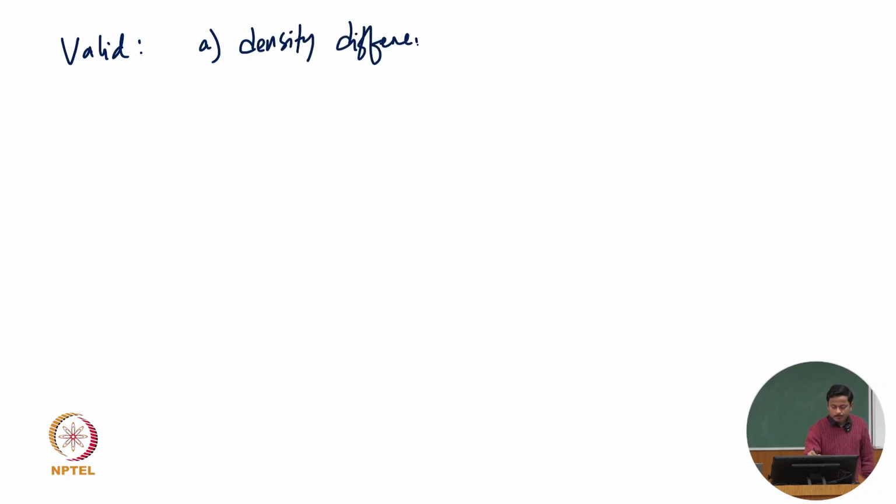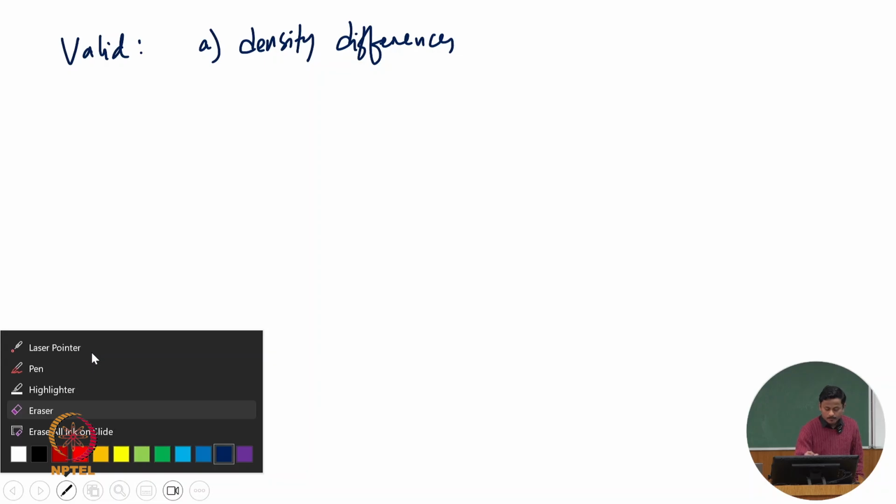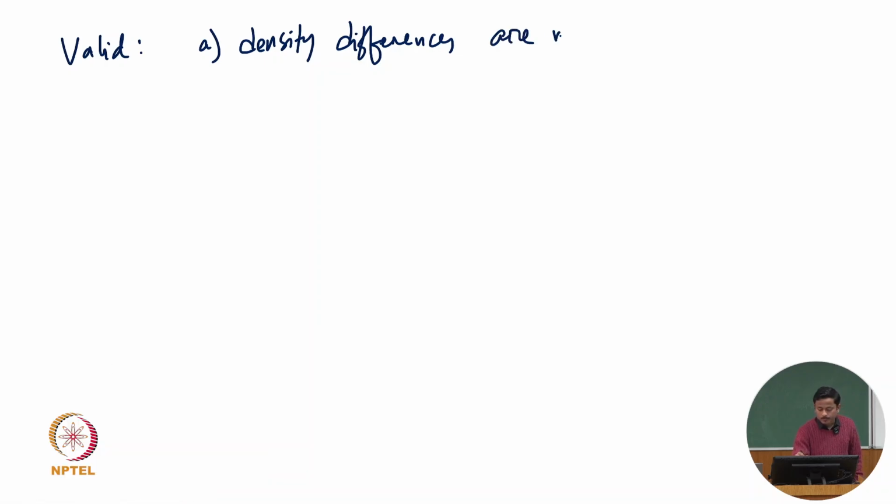So the Boussinesq approximations are valid only when density differences are not very large, and the Mach number is small.